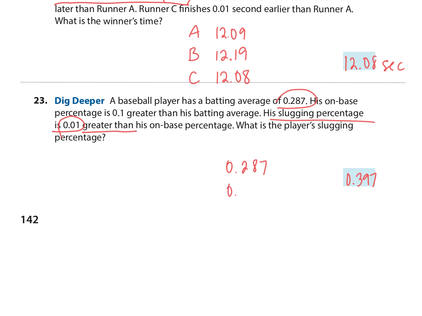So I'm going to add a 1 to the tenths place, so that becomes 387 thousandths. Now his slugging percentage is 100th bigger than this new number. So I'm going to add 1 to the hundredths column, and that is how I get this final answer here.